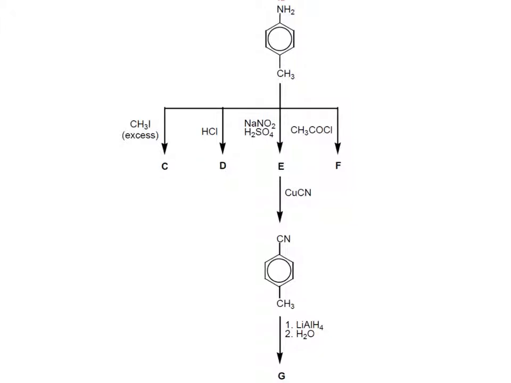If we have iodomethane here, that lone pair on the nitrogen can attack the carbon like that, and if it was bonded to an iodine, that bond could break. So what's happening here, certainly for reaction C, is that the hydrogens on the nitrogen are being replaced by methyl groups in substitution reactions.